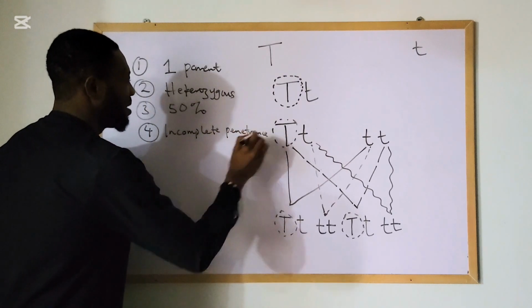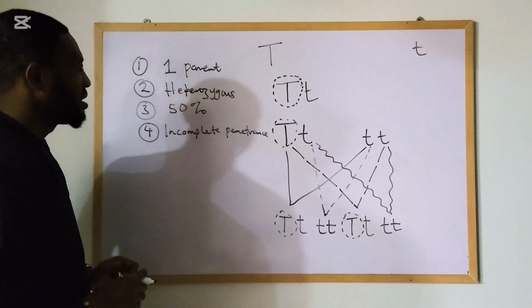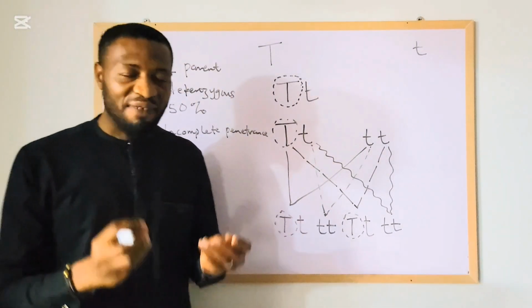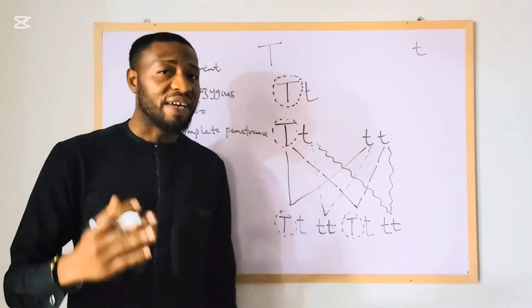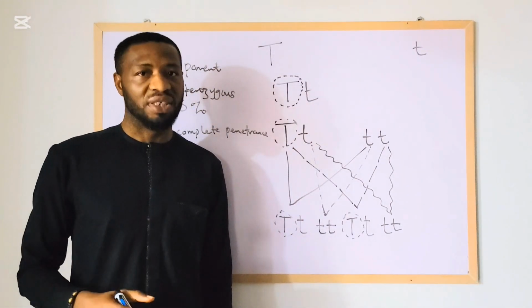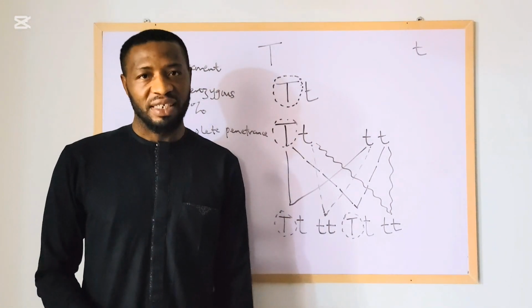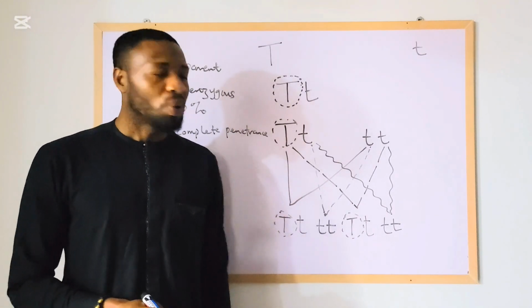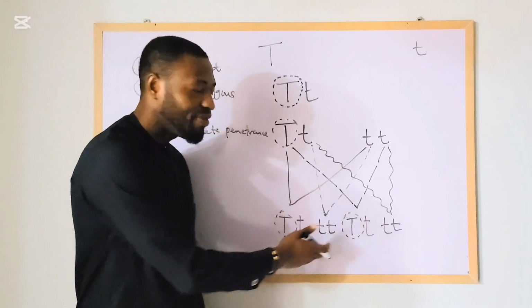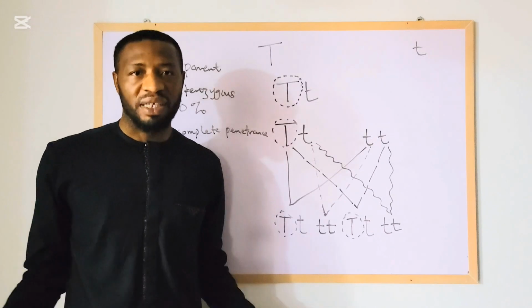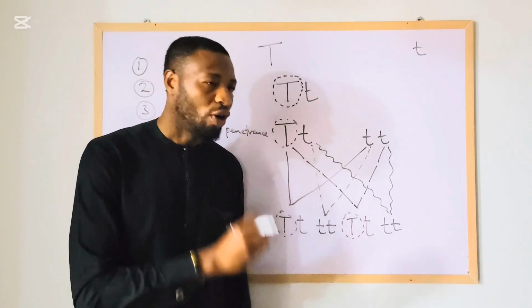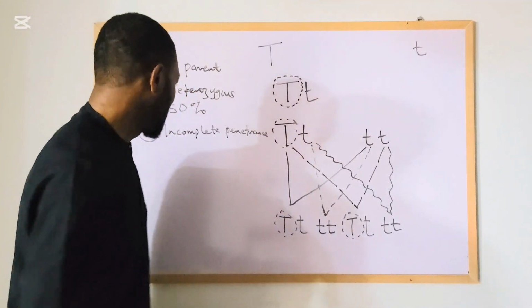What incomplete penetrance simply means is that not everybody that has the defective genes will manifest the disease, and that is incomplete penetrance. So that some people who have defective genes will not manifest the disease. Okay, that is one characteristic of autosomal dominant disorders.